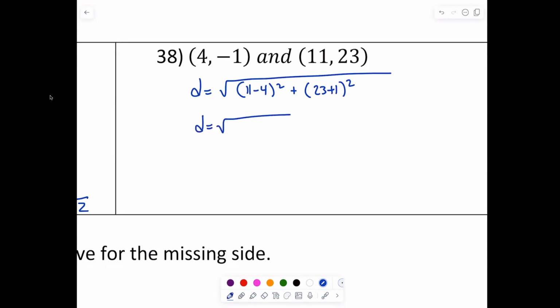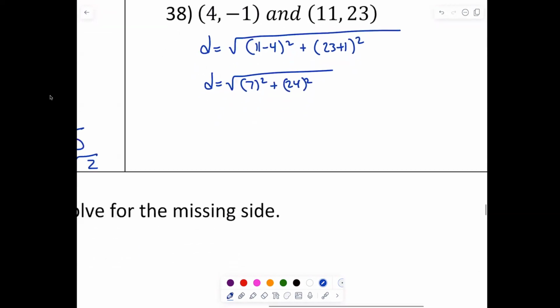D equals 7 squared plus 24 squared. 49 plus 576. Square root of 625. 25. Anybody got any questions with that? That was the distance formula.